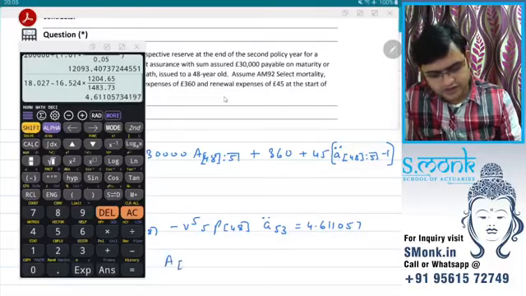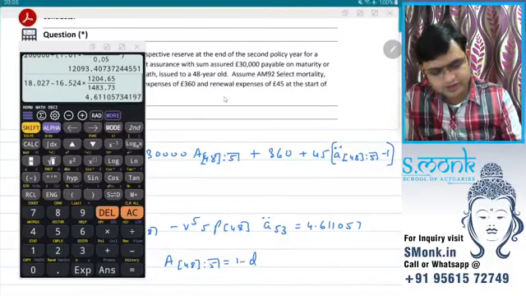Then our A select 48 5 will be 1 minus d times A due select 48 5.